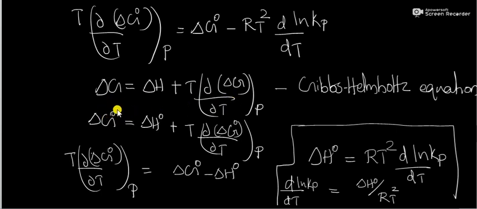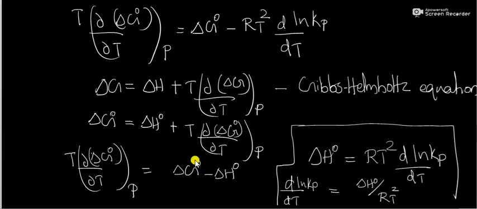Or under standard condition, we can write delta G0 is equal to delta H0 plus T into dou by dou T of delta G0 at constant pressure, where delta H0 is the standard enthalpy of reaction. So T into dou by dou T of delta G0 at constant pressure is equal to delta G0 minus delta H0.